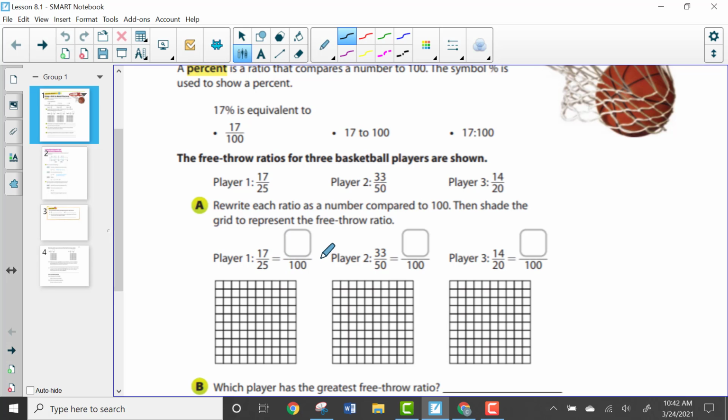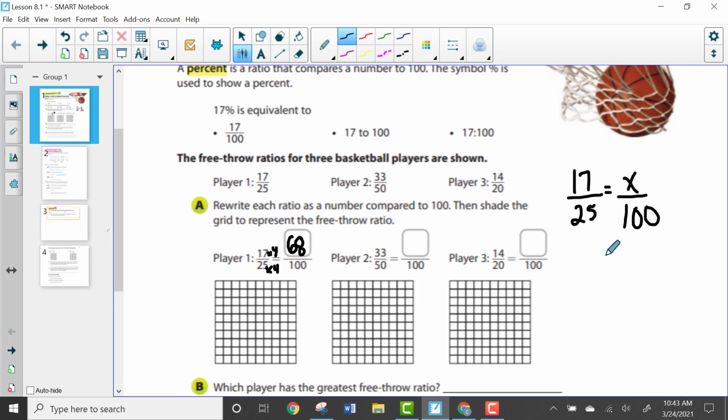If we take a look at this, we can see we set it up as a proportion, but you can also see if we take that 25 and multiply it by 4, that gets us to 100. 17 times 4 gets us to 68. But if you're thinking about proportions like we've been going over, you can say 17 to 25 is going to equal a certain number over 100.